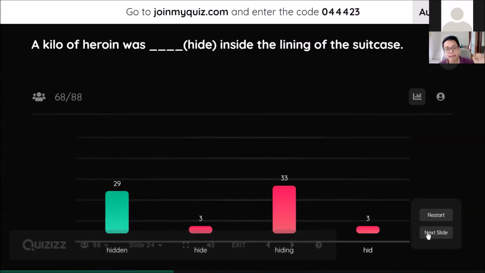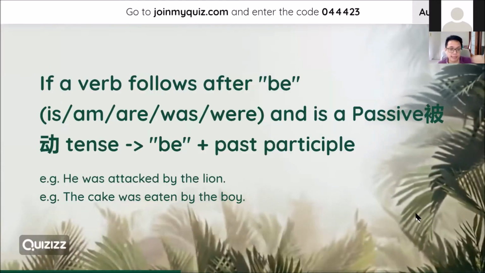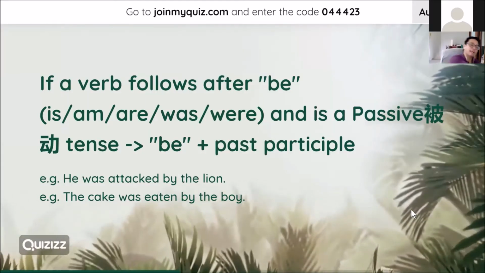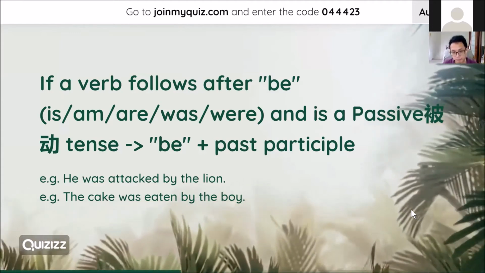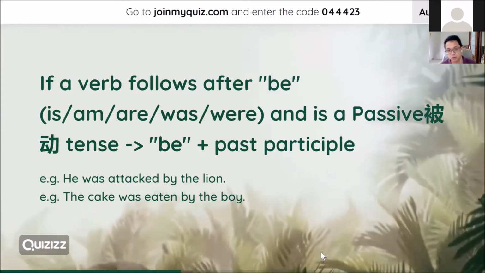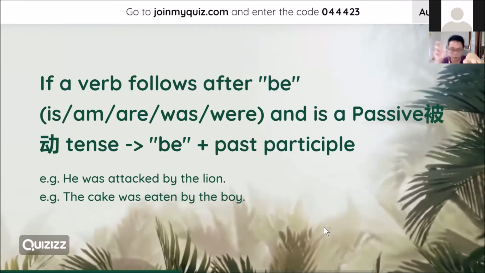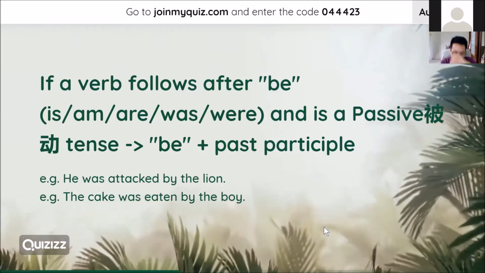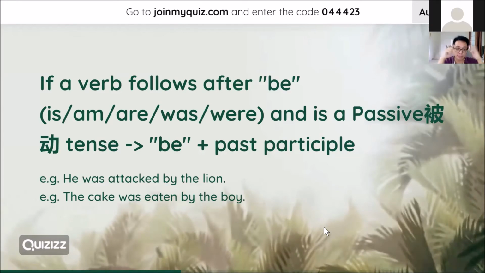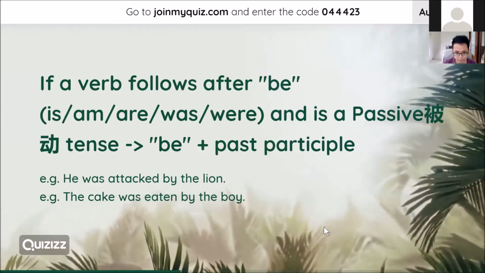你要用它的 past participle，因为这边它是被动的，它是被躲在里面，它被藏在那个行李包里面。So if a word follows after be is, am, was verb 的话，然后后面动词它是被动的话，要用它的 past participle。past participle 是什么呢？past participle 是第三个了。Eat, ate, eaten.